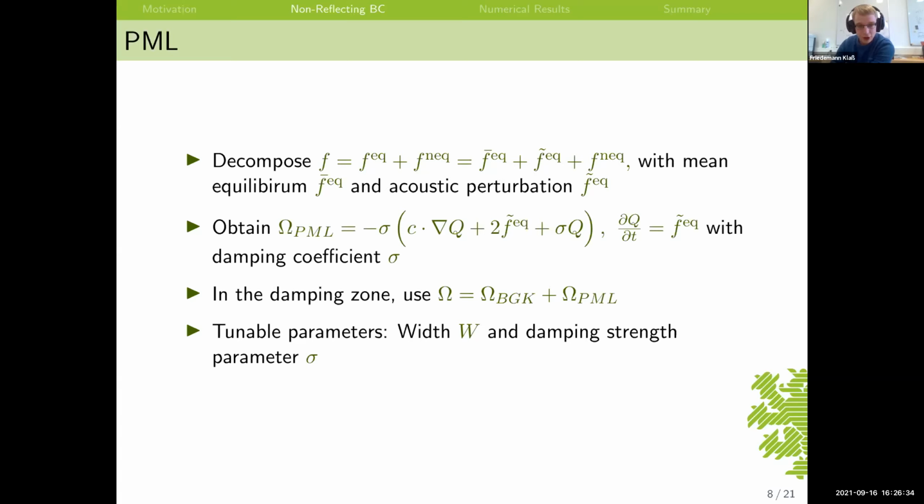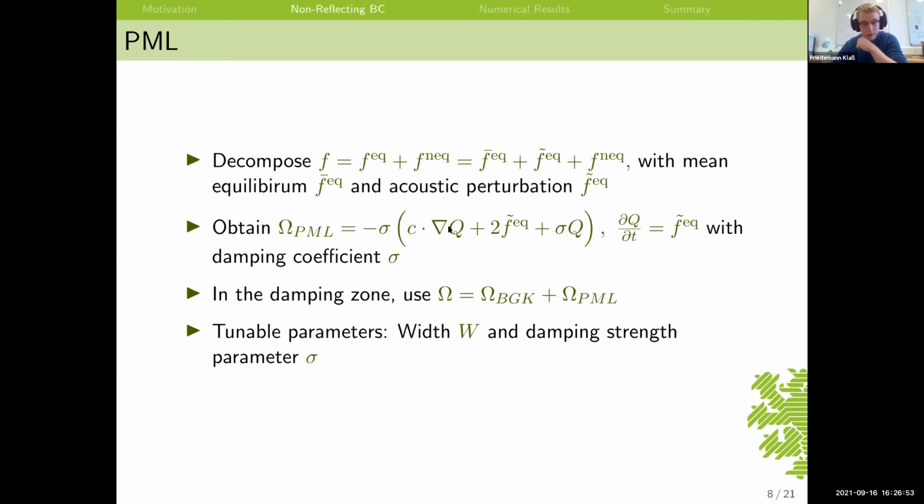And eventually one gets this expression here for the collision operator omega PML, which depends on this damping coefficient sigma, and this damping coefficient sigma is controlling the strength of the damping. It is a tunable parameter of this approach.